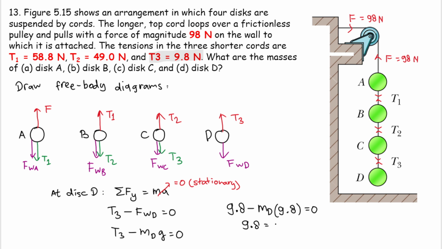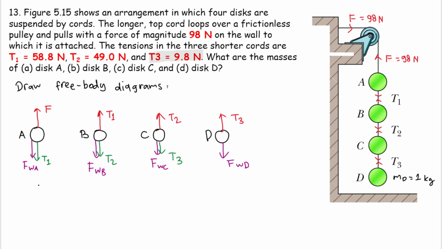So I'll have 9.8 is equal to 9.8 MD, so MD here is equal to 1. And what is the unit? Because all the units are in SI, this will also be in SI units, so I'll have kilogram here. So the mass of D here is equal to 1 kilogram. Okay. Now let's move on to the other disc, which is disc C.